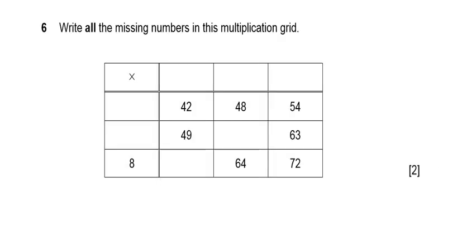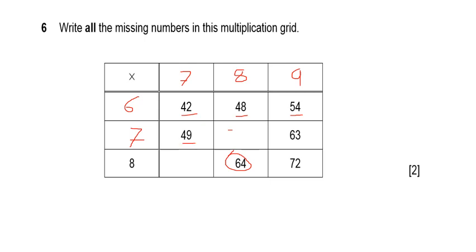Multiplication grid, so let me see, 8 times 8 gives me 64, 6 times 8 gives me 48, 7 times 6 gives me 42, 9 times 6 gives me 54, 7 times 7 gives me 49.